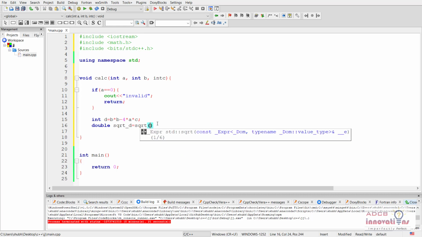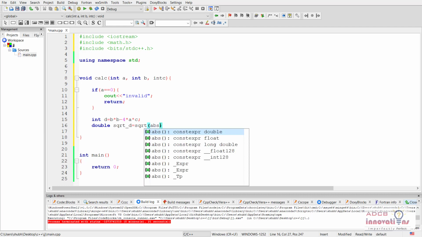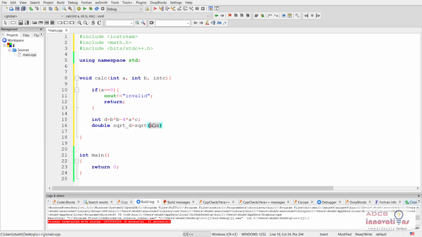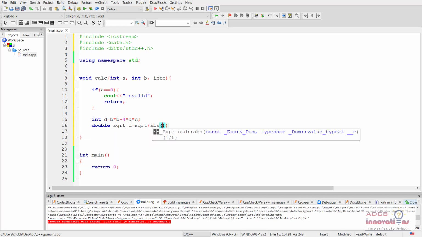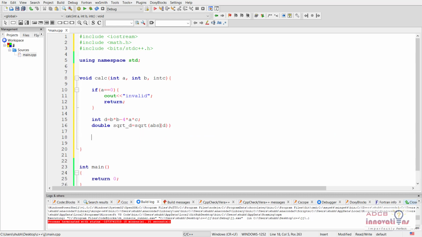So here the sqrt function, and now we are going to write abs for absolute, because we do not need the root to be negative. That will become a complex equation. So now we will take the square root and we will get the absolute value, that is the positive value for d.